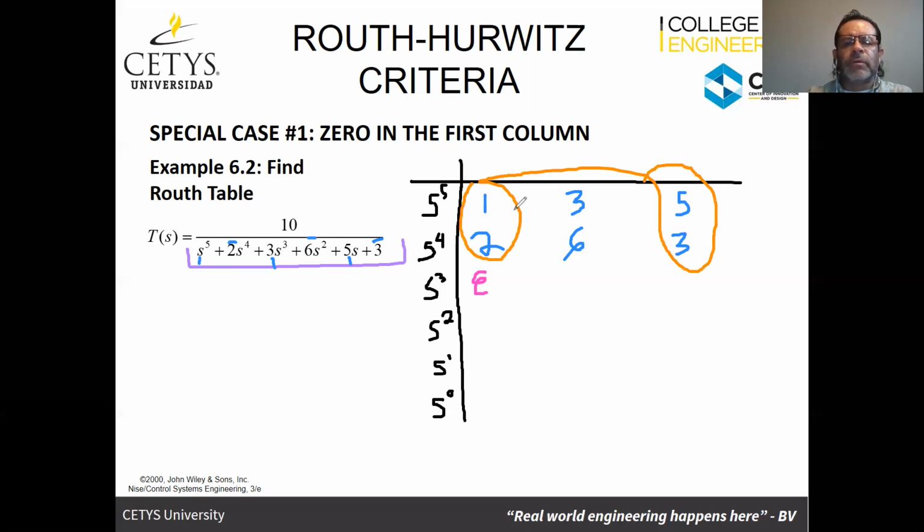So it would be 3 times 1, 3. 2 times 5 is 10. 3 minus 10 is minus 7. Negative 7 divided by 2. Then here we would have 7 halves. And we haven't got any other values here, so this next one is going to be 0.